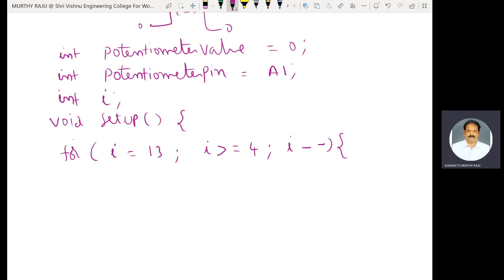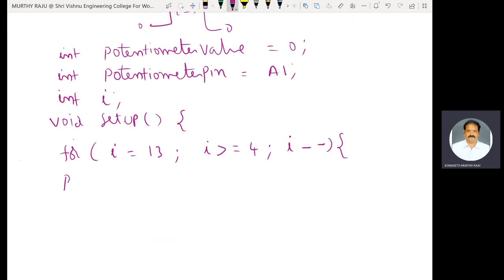I minus minus means 13, then 12. 13 greater than 4, and 13 changes to 12. 12 greater than 4, 12 changes to 11. 11 greater than 4, up to 4. That means 10 digital pins.